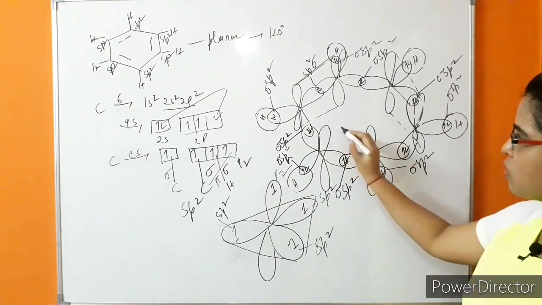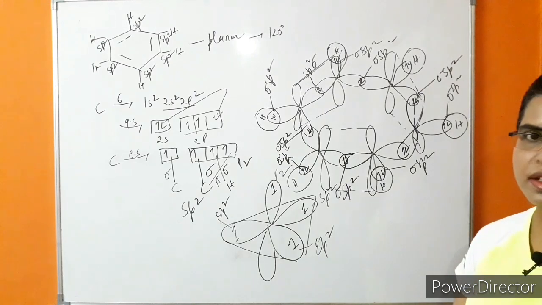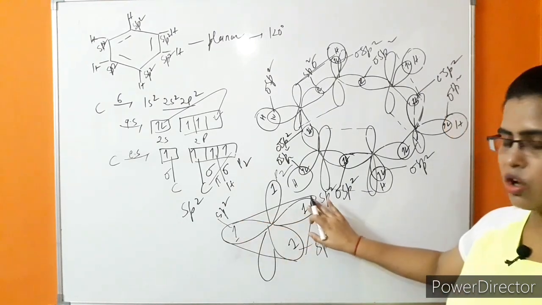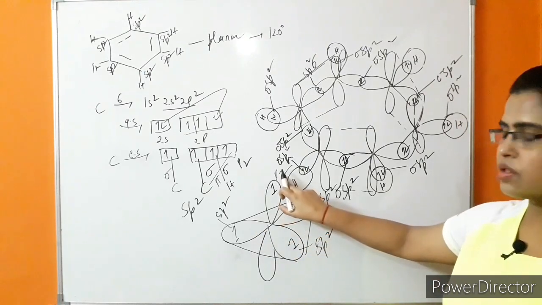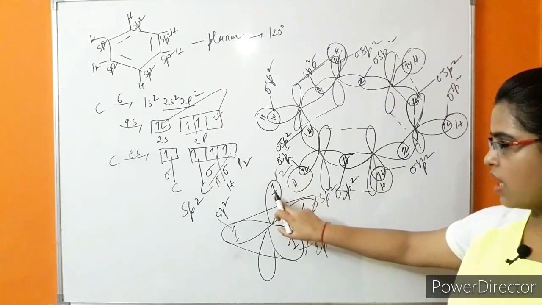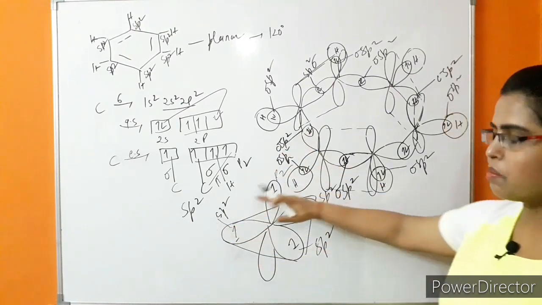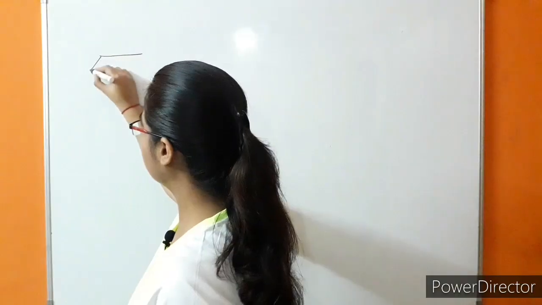So with both lobes of the pz orbital, there is formation of a pi bond. It means these three hybridized orbitals are present in the same plane, whereas there is one pz orbital, having one odd electron, present perpendicular to the plane of these hybridized orbitals.